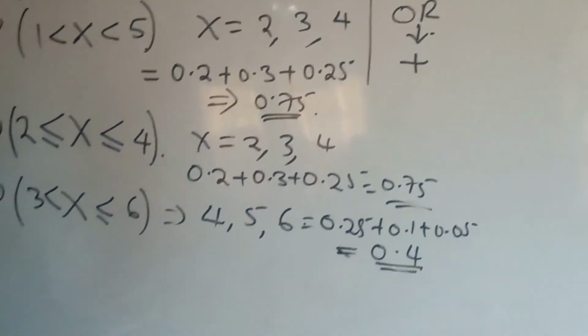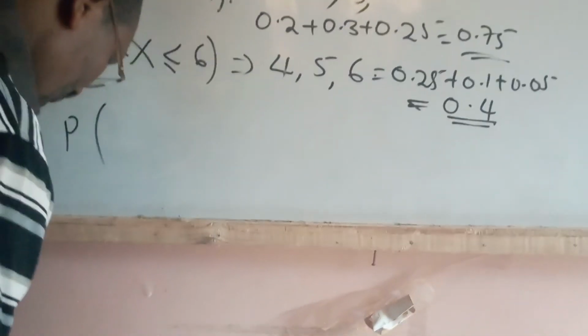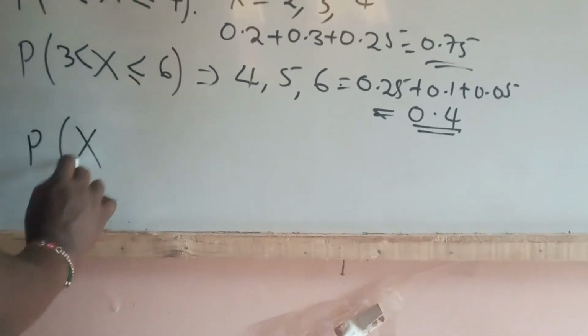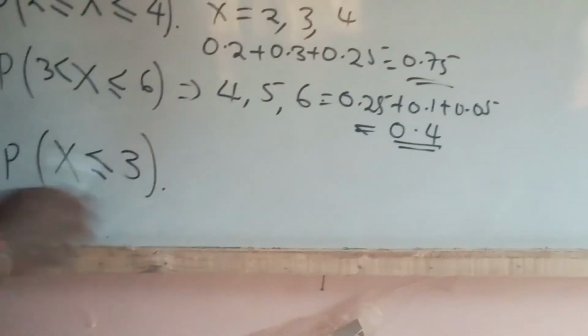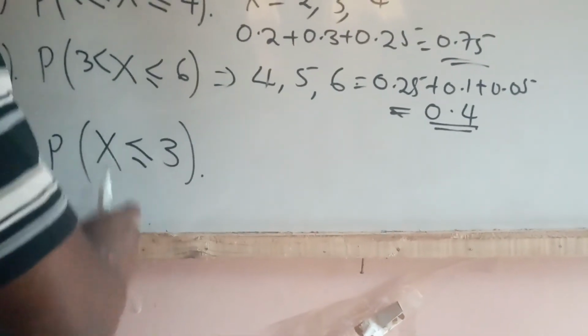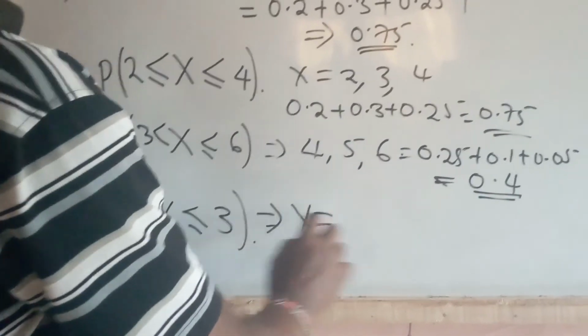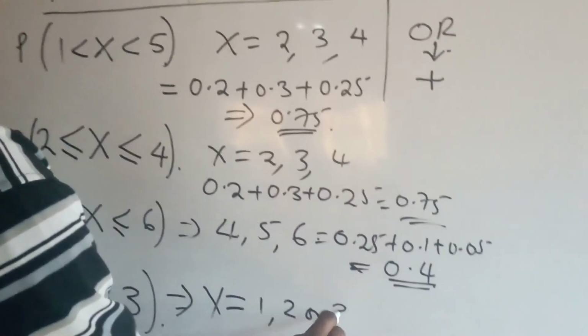What about part D? Part D, the probability of x being less than or equals to 3. This one, it's just less than or equals to. So anything less than 3 is acceptable, and even the 3 itself. So we are saying that x can be equals to a 1, a 2, or a 3.